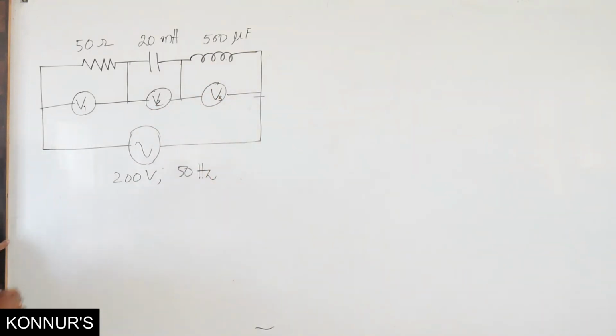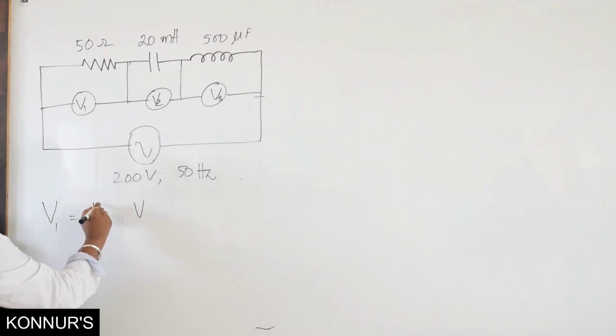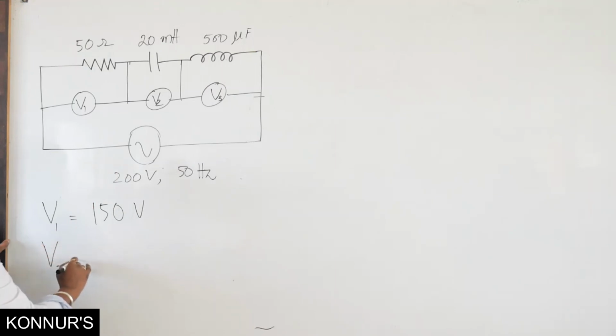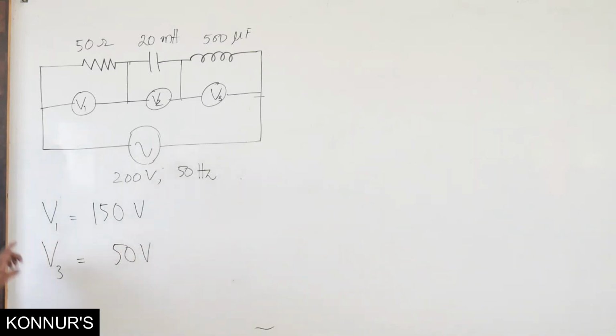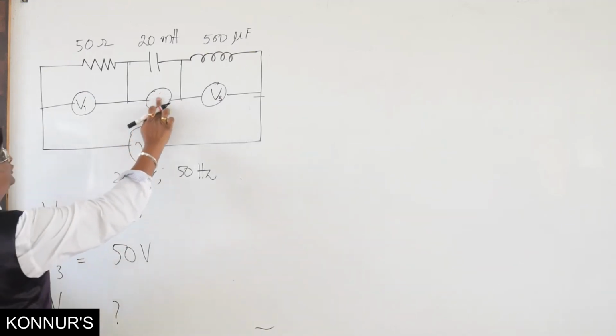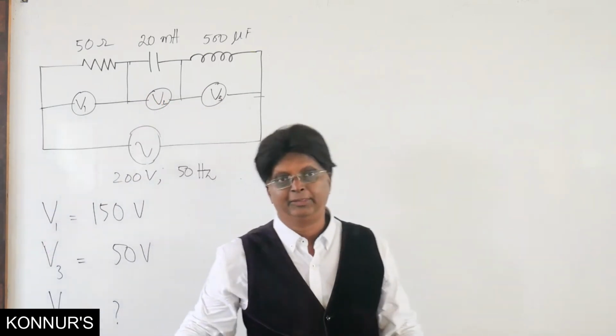Now the data says V1 reads 150 volts, and supposing V3 reads 50 volts, to confuse us. V3 is equal to 50 volts. What is the reading of V2? In the given figure, V2 is the voltmeter across the capacitor. Therefore, now we have to find V across C.